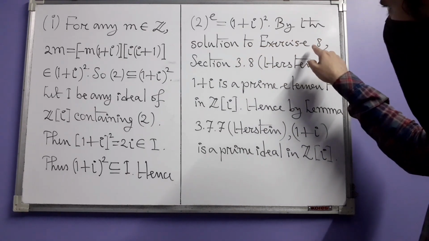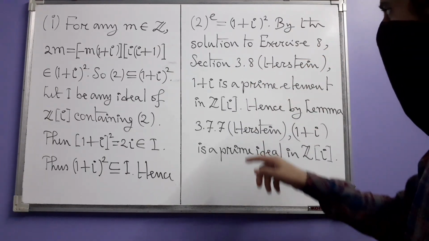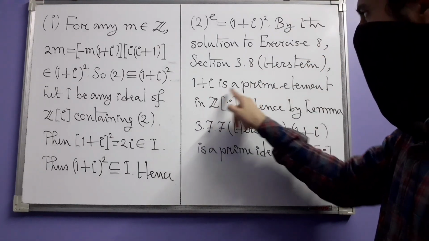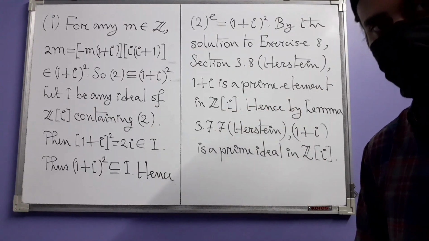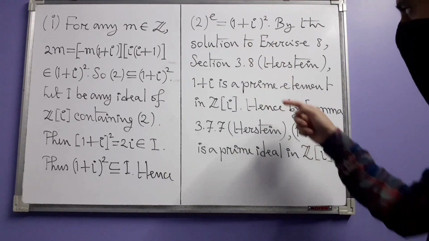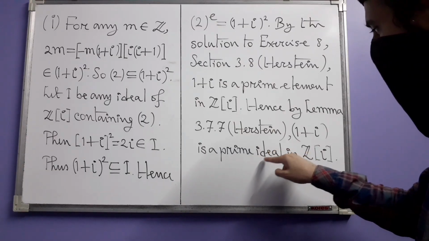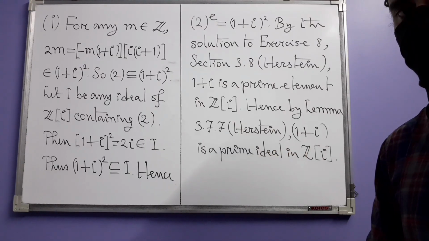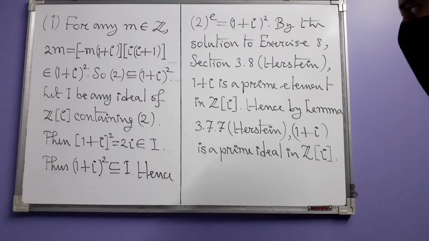By the solution to exercise 8 of section 3.8 from Herstein's book, we know that 1 + i is a prime element in Z[i]. And that is why the principal ideal that 1 + i will generate in the ring of Gaussian integers will be a prime ideal. Actually, it will be a maximal ideal, and that is why it will be a prime ideal.